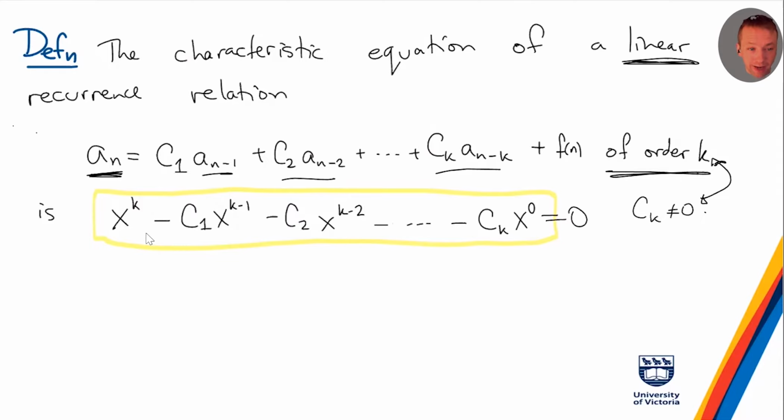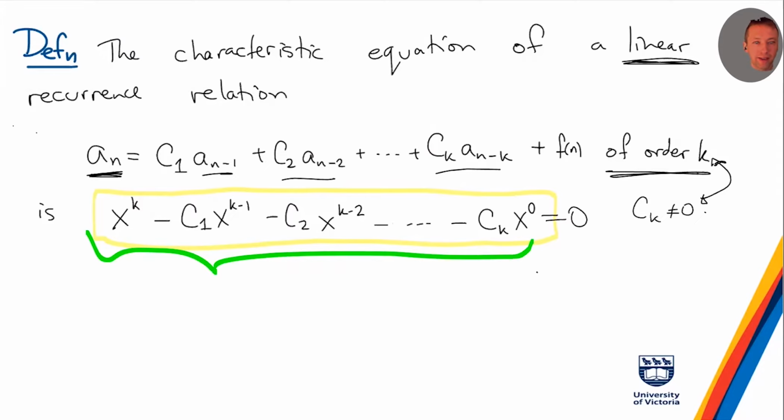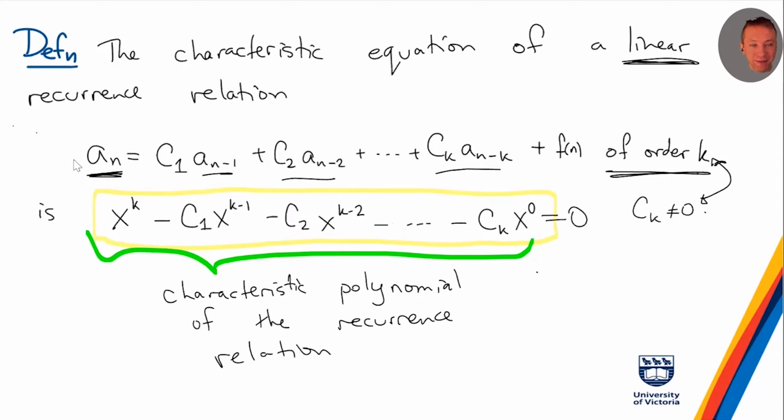These are all minus, so don't forget the minus sign, all the way down to c_k x to the 0, and x to the 0 is just 1, so this is just c_k. This polynomial I might refer to as the characteristic polynomial of the recurrence relation. And the characteristic equation is setting this equal to 0.